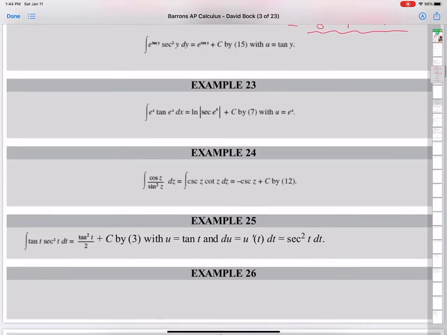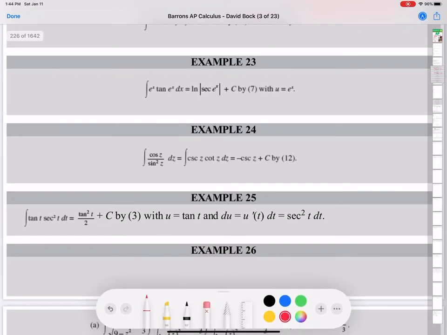Example 23. How can I solve this problem? Which part is the u part, do you think? Okay. What about e to the x? That's going to be the u part. All right.